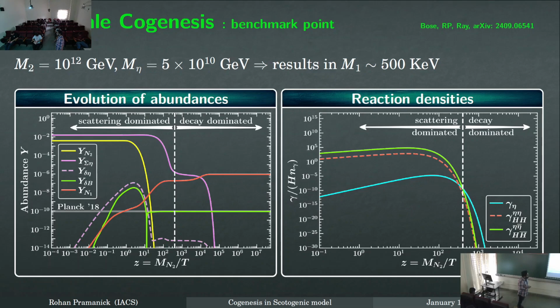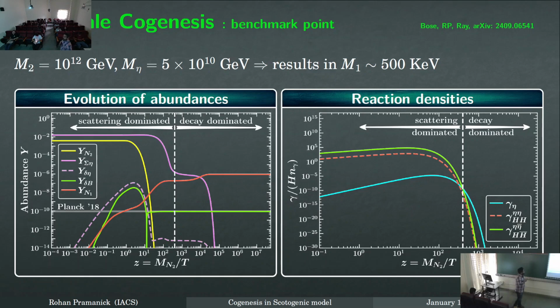After some time this decay reaction density dominates over this scattering reaction density, and at a later point of time all of the phi 2 decays into N. So the N1 abundance increases, and then the N2 number freezes in, giving rise to this number, which if you invert you get a 500 kV scale pattern.